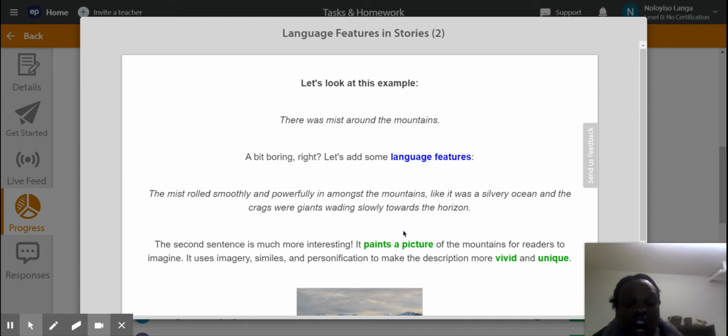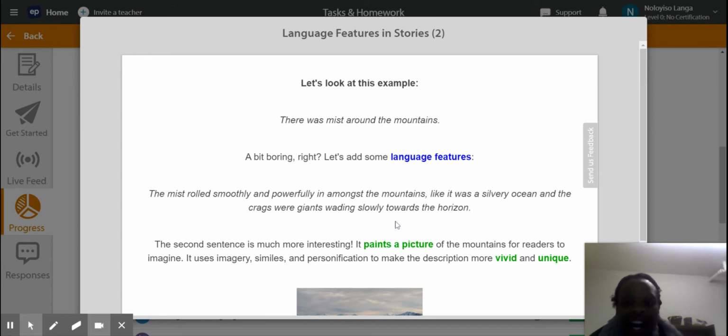The intention of using imagery is to paint a picture in your mind, and the intention is to show you, not to tell you. If you look at this first example, there was mist around the mountains. The writer is telling you.